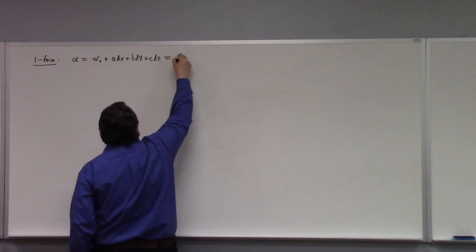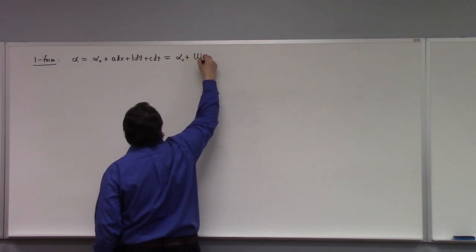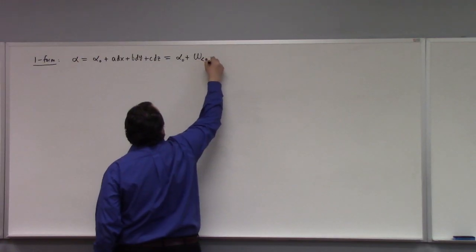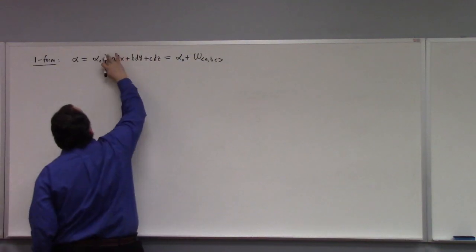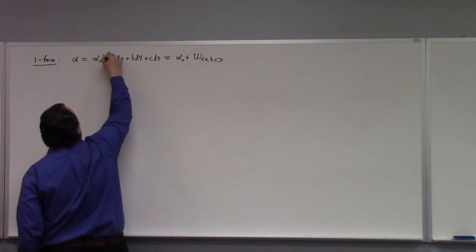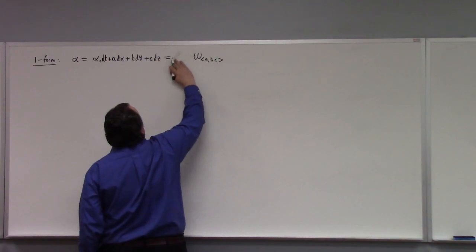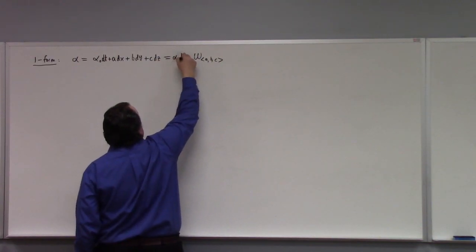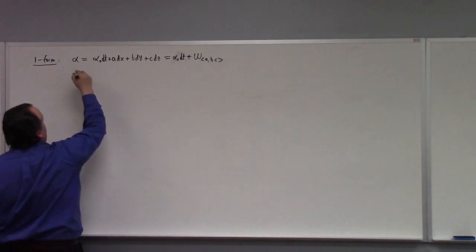Which we could express as alpha naught plus the work form corresponding to the vector ABC. And yes, there's a dt there. Thank you. So what's the Hodge dual of this then?